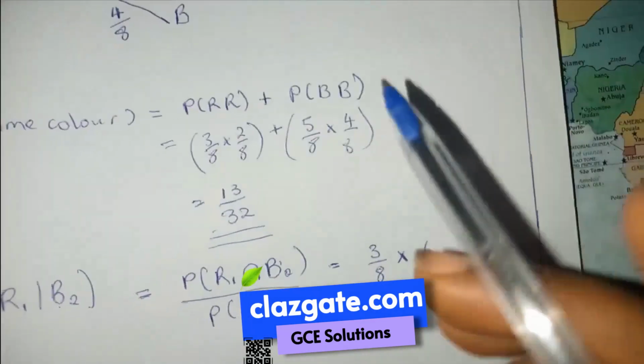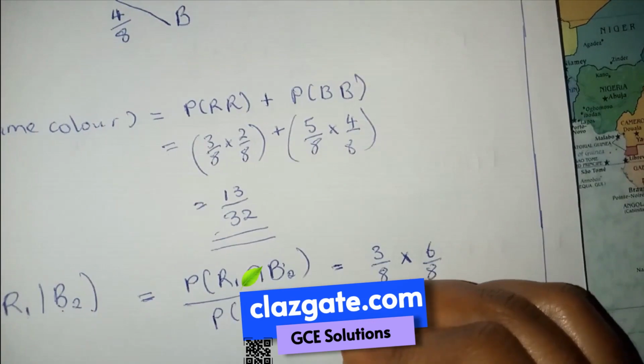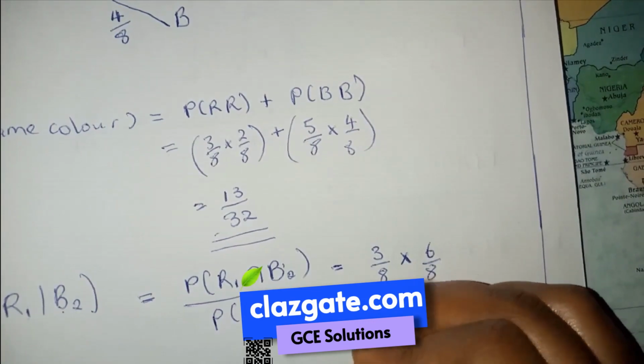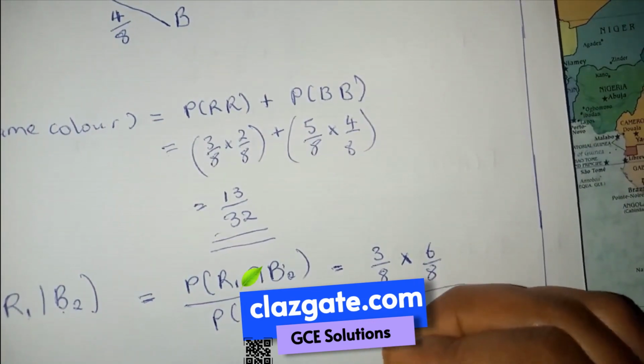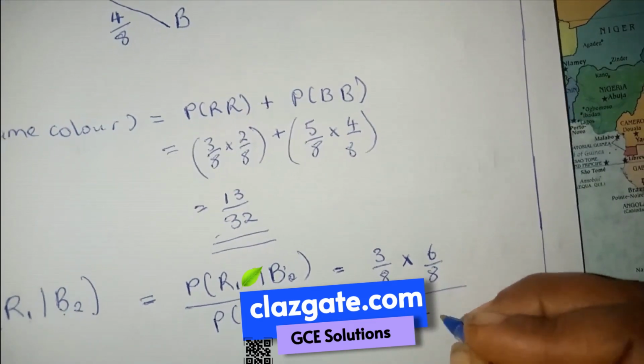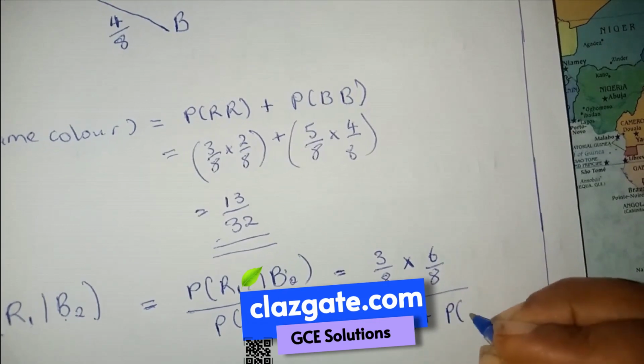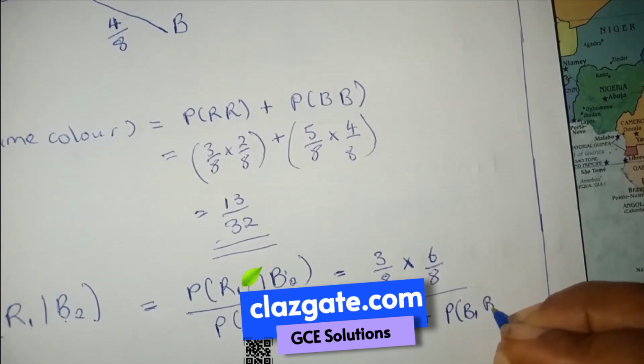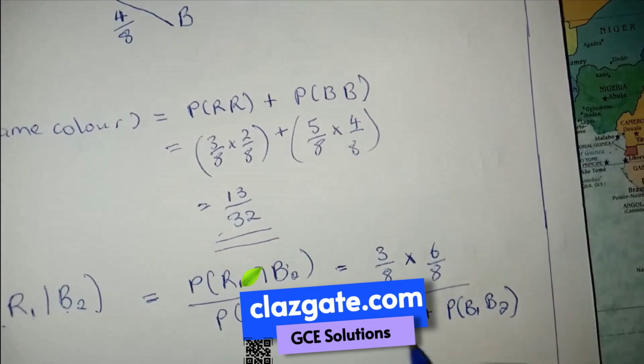So the probability of blue second is the probability of R1 B2, plus the probability of B1 B2. Don't forget the second selection.